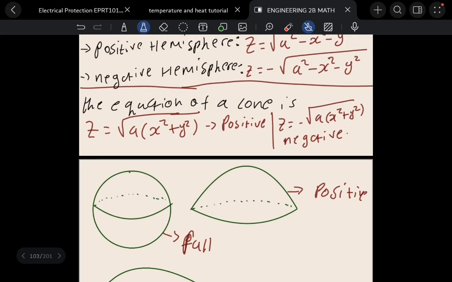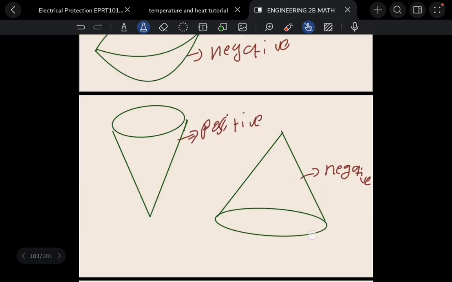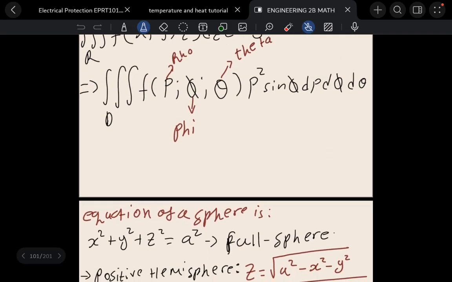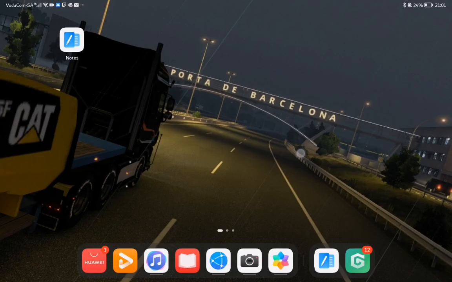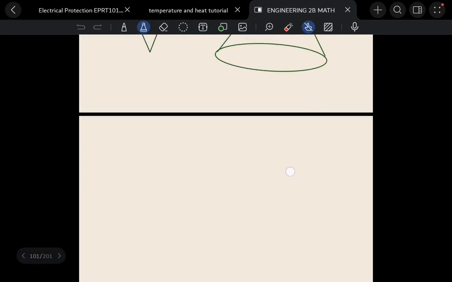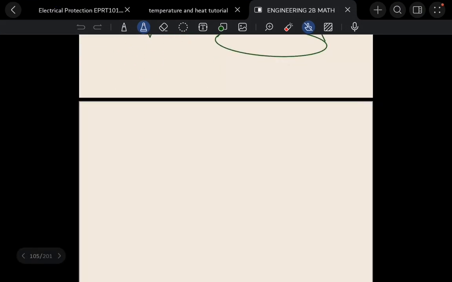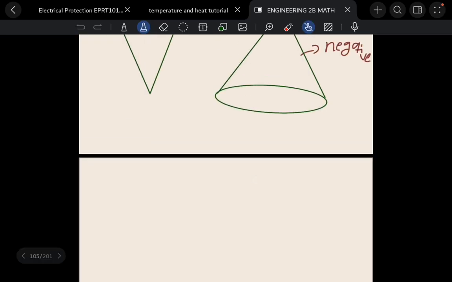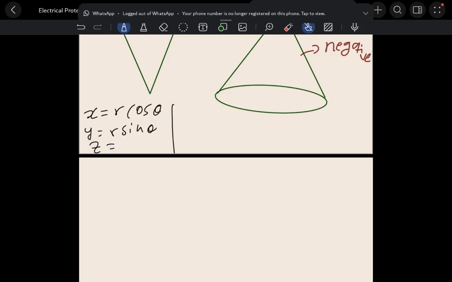Now we are going to talk about rho, theta, and phi. But before we do that, let us look at what will be your value of r. Do you still remember that in polar coordinates we had x equals r cos theta, y equals r sine theta, and z was going to be 0.